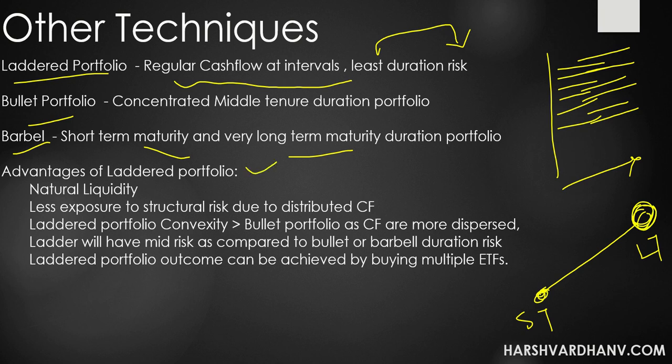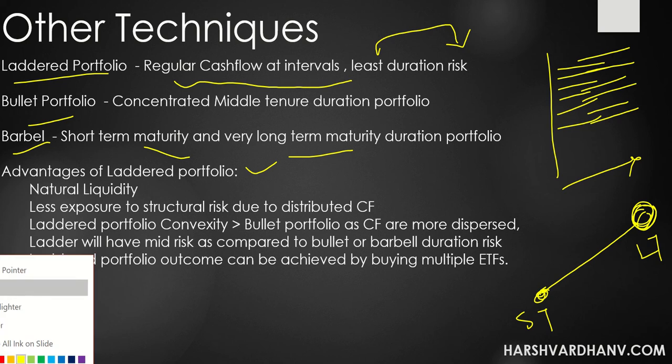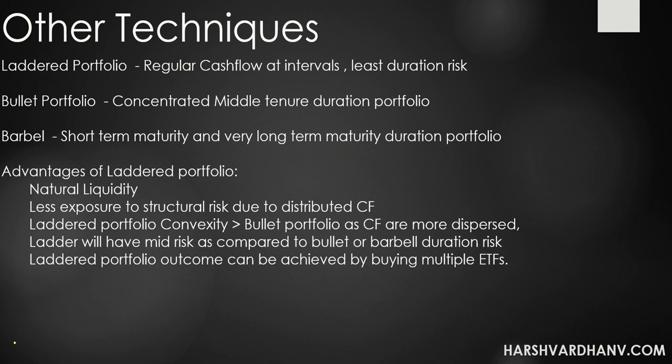There are some advantages of a laddered portfolio. One is natural liquidity, obviously, because it is maturing at given intervals, say 4 months, 6 months, 8 months, 10 months. Less exposure to structural risk due to distributed cash flow. A laddered portfolio's convexity is greater than a bullet portfolio's as cash flows are more dispersed.